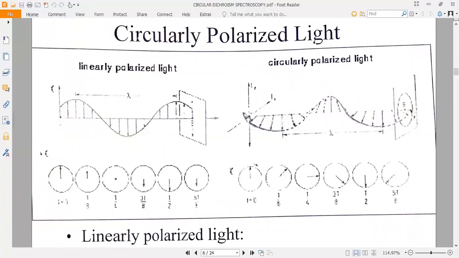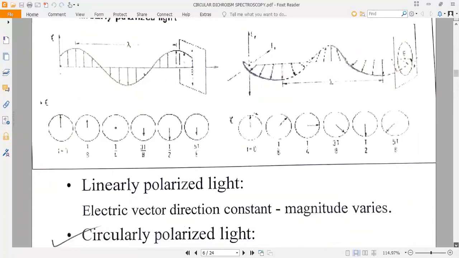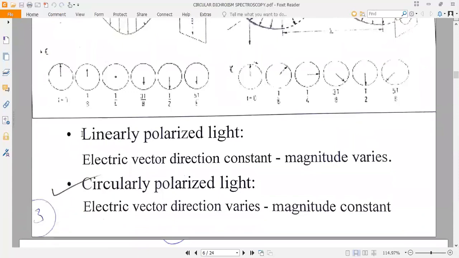You can see the difference here. In linearly polarized light, the electric vector direction is constant. Magnitude varies. In circularly polarized light, the electric vector direction varies.